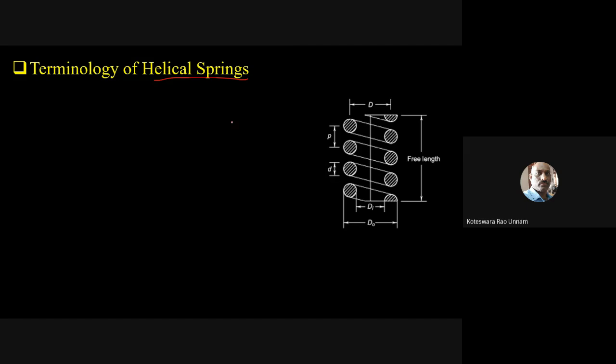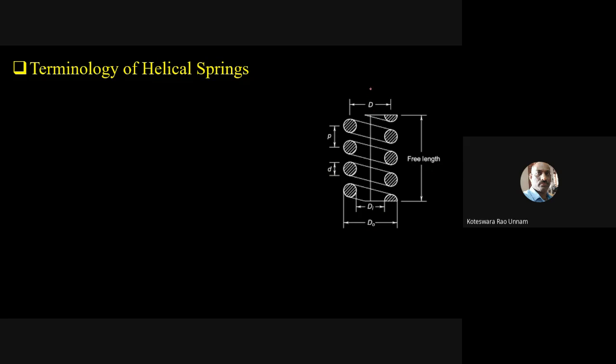Okay, so now this picture will show you the cut section of the helical spring, especially a helical compression spring. In this diagram you can see different parameters: capital D, DI, DO, small d, P, and of course the free length. We'll see what all these parameters are.